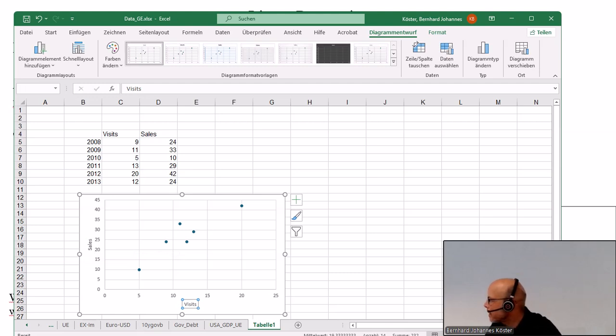we see, well, maybe there is some positive dependence that more visits are creating more sales, but now we want to do a quantitative analysis. So what would be a good fit explaining this dependence between these two variables, that we say sales is depending on the number of visits. And in the end, here we want to make a forecast for the 30 out here.